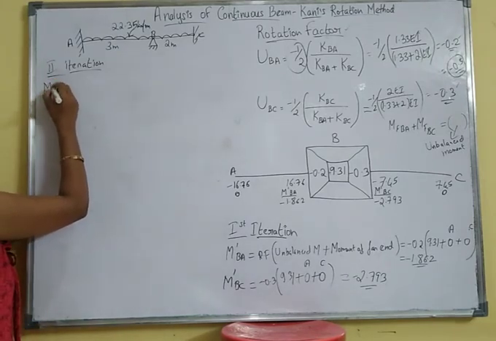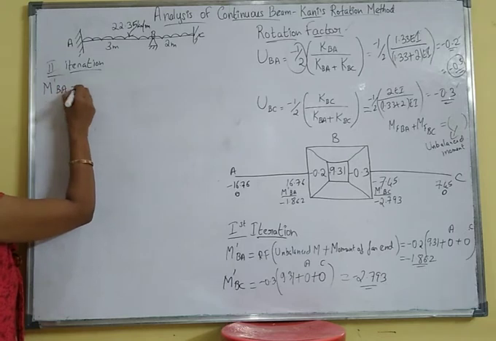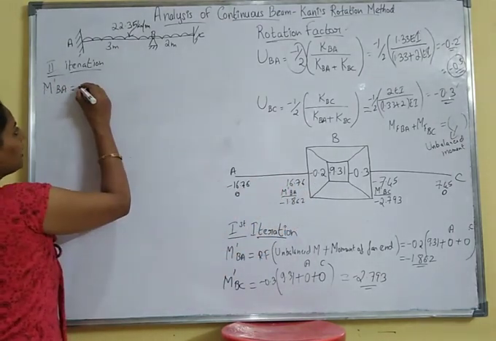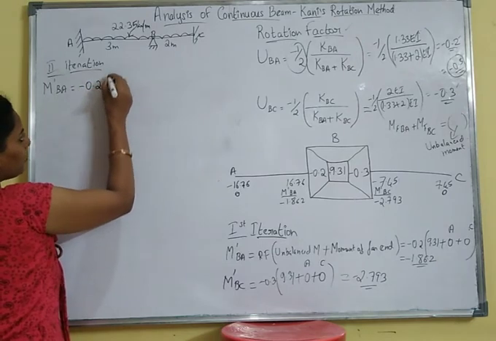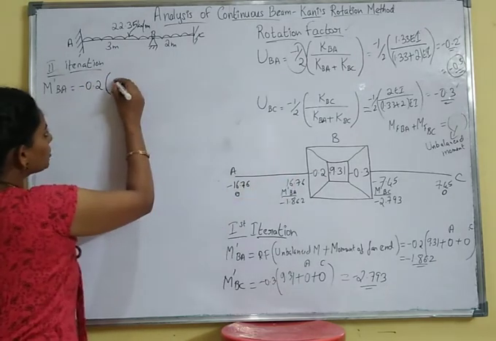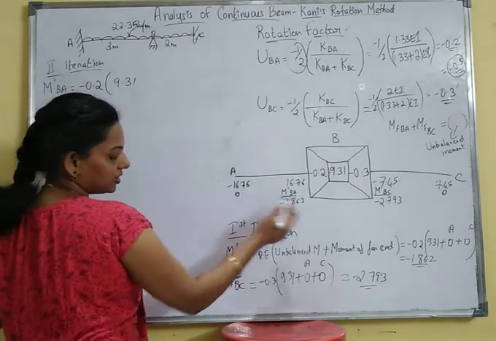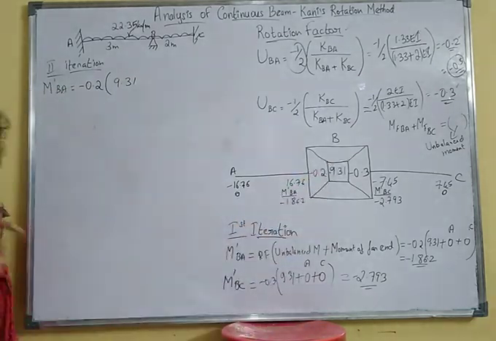I'll write the step. So m dash BA, second iteration, again rotation factor is 0.2 and the unbalanced moment is 9.31.